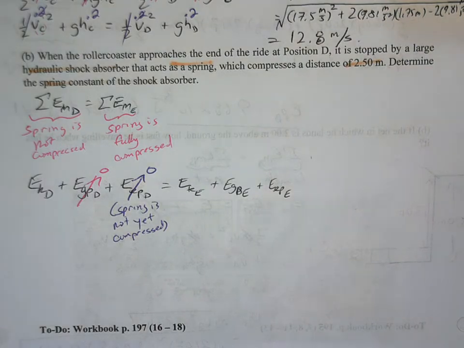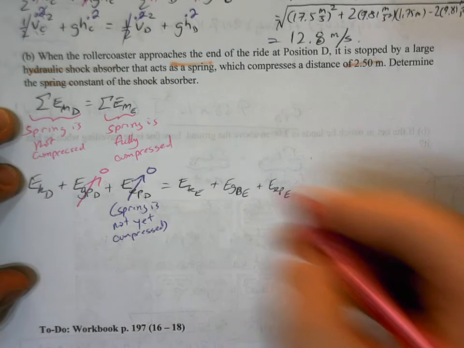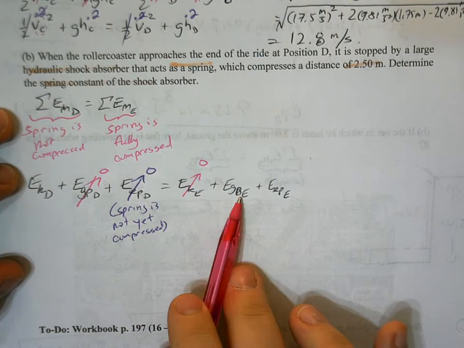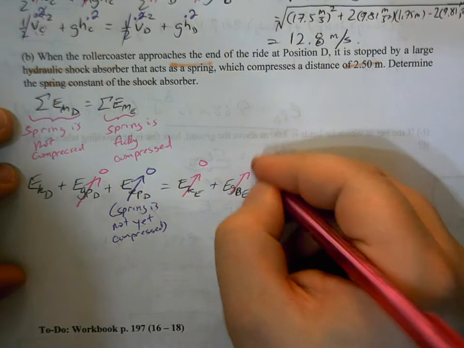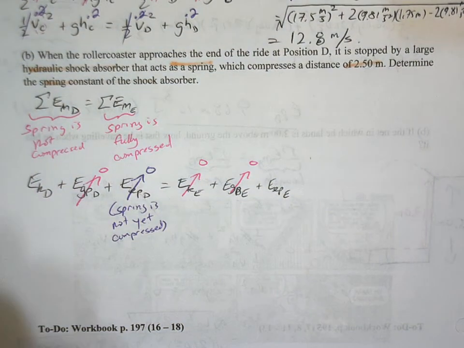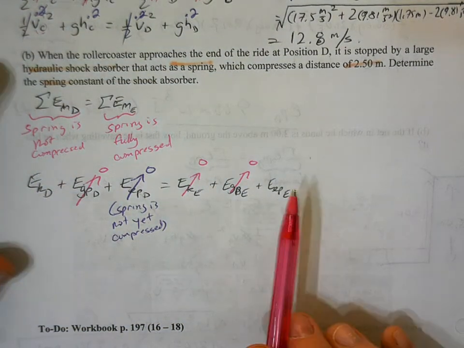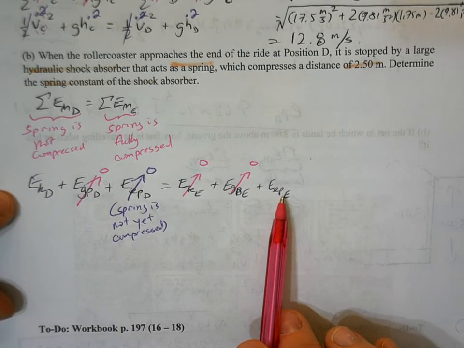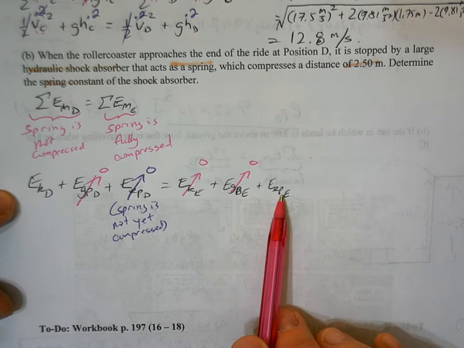Alright, now, when the spring is fully compressed, in terms of kinetic energy, we're not going to have any, because this thing is going to come to rest. We also don't have any gravitational potential energy at point E, because we've set that as our reference height equals 0. The spring is fully compressed, so it is now going to have elastic potential energy. So we will have to keep that term.